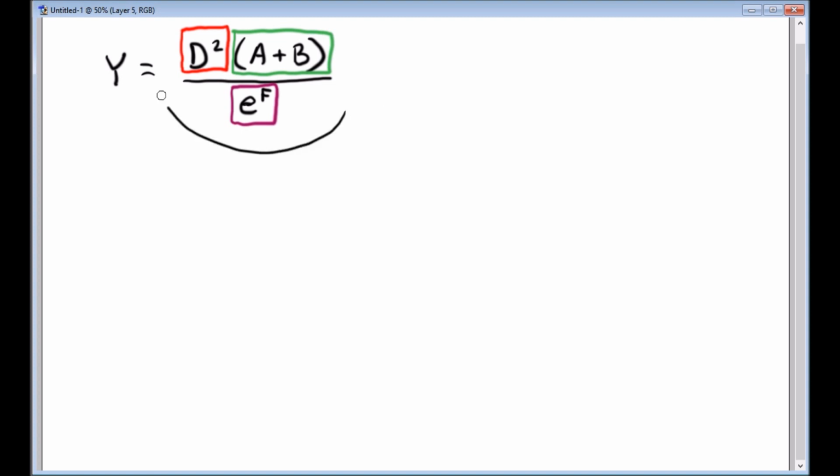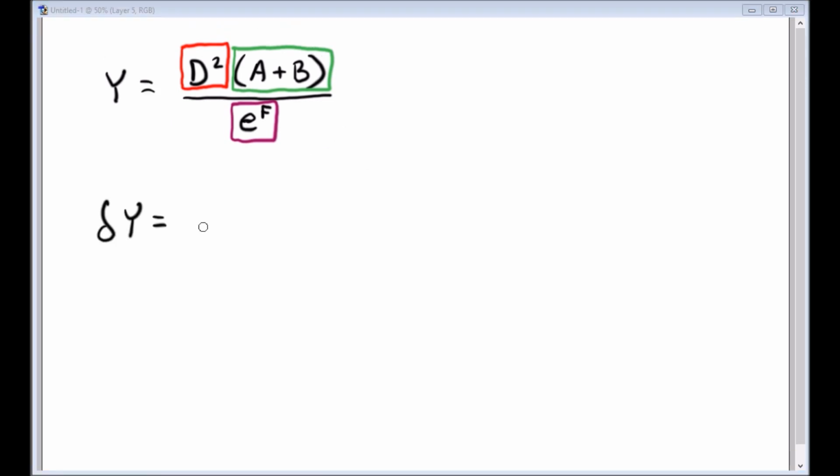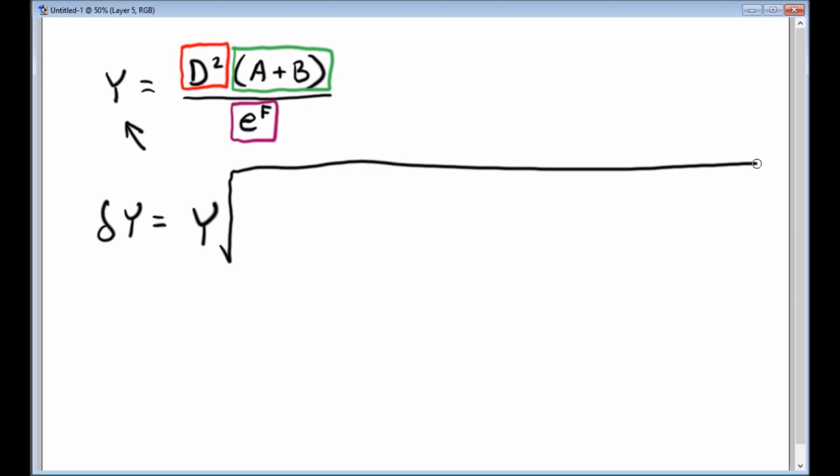I'm going to write down what the uncertainty of this expression would be if I just treat it as 3 things that are multiplied or divided together. So the multiplication division rule says that the uncertainty of this equation here is going to be equal to final answer times a square root, and inside it, you're going to have the fractional uncertainties of each of these 3 blocks squared and added together.